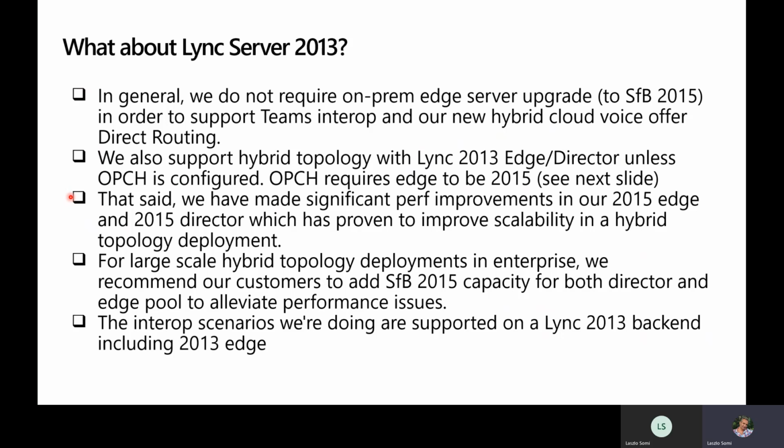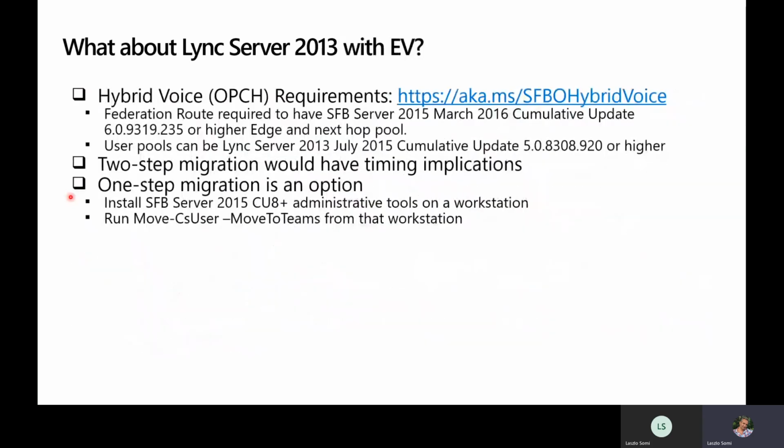But all interop scenarios we're talking about, Teams user online with their Skype for Business account homed online, talking to another Lync Server 2013 user on premises will work if you don't use OPCH through the 2013 topology. So what about OPCH?